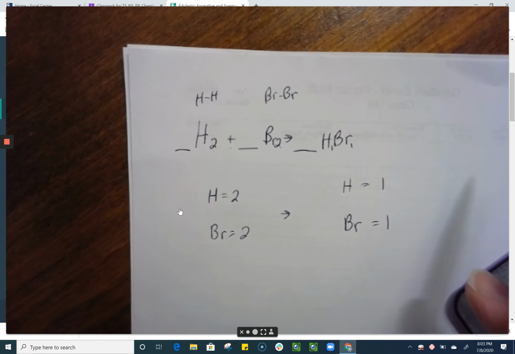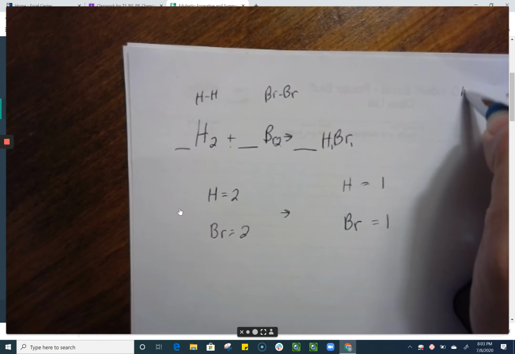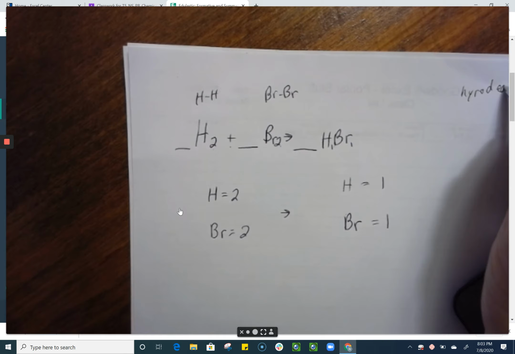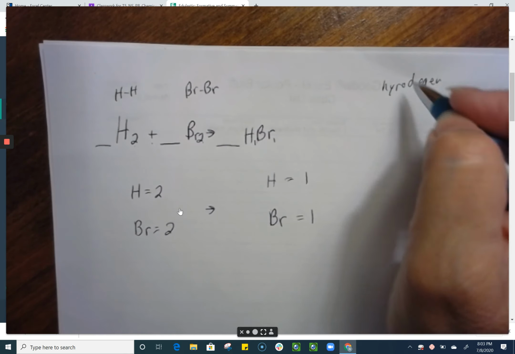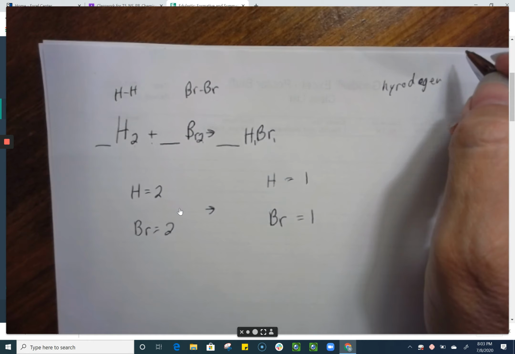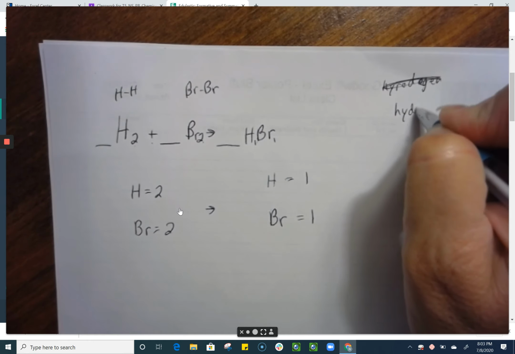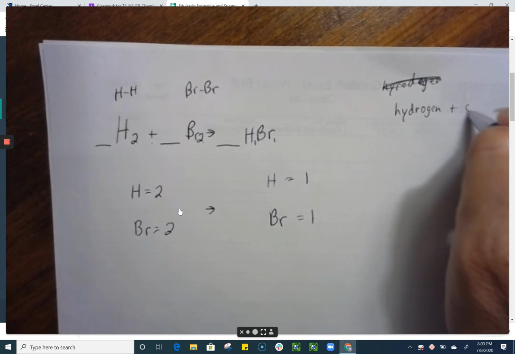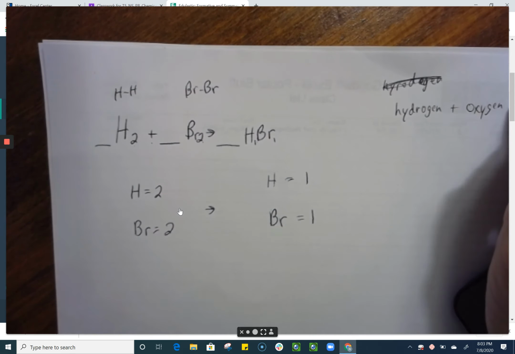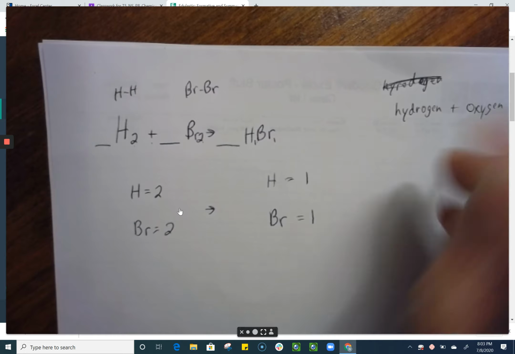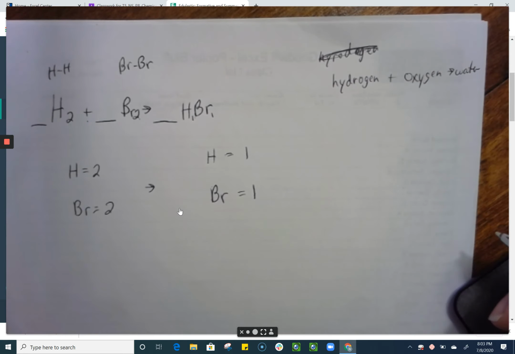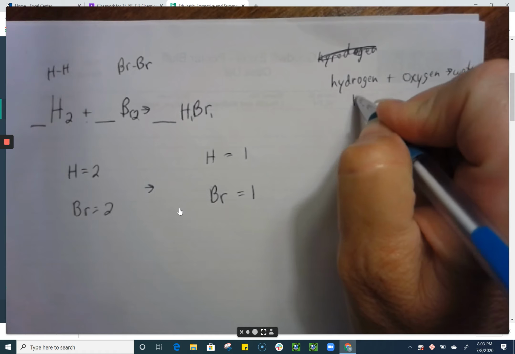In a college chemistry class or a high school chemistry class, they might give you a word equation like hydrogen, I spelled that wrong, that's really bad, hydrogen plus oxygen yields water.